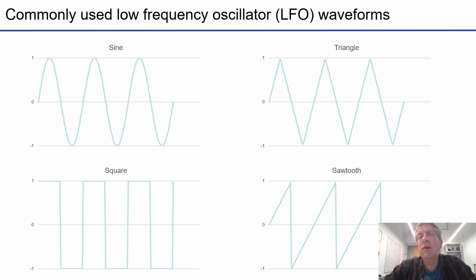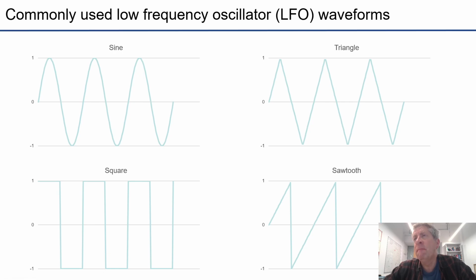And then we have the sawtooth wave, which looks like a triangle wave, except at the point where it starts to change from a positive slope to a negative slope. The negative slope is just an immediate drop down to its lowest possible value.